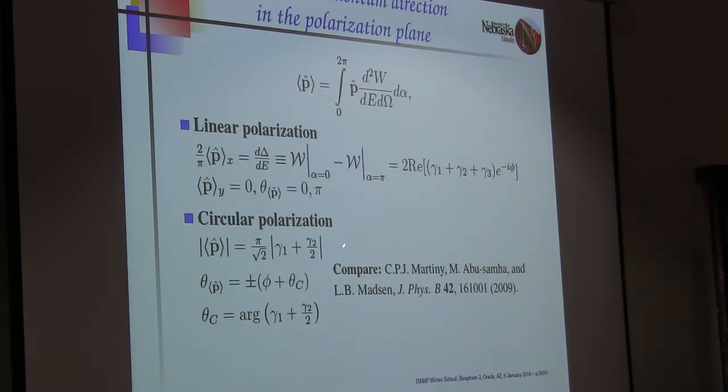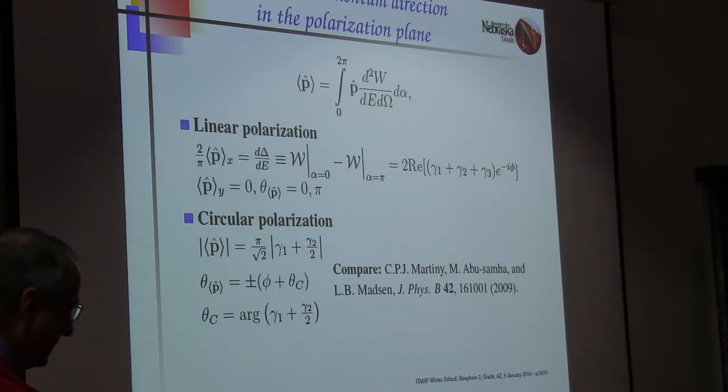Lars Madsen, for circular polarization, pointed out that the peak is not at the carrier envelope phase, but is shifted. And as we show in our paper, this shift is due to the complex phase of these dynamical parameters.